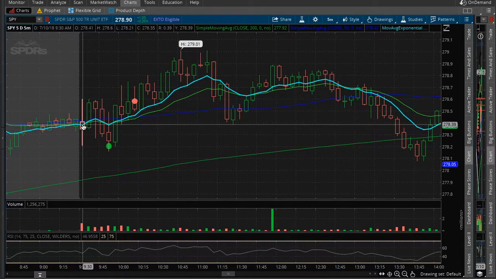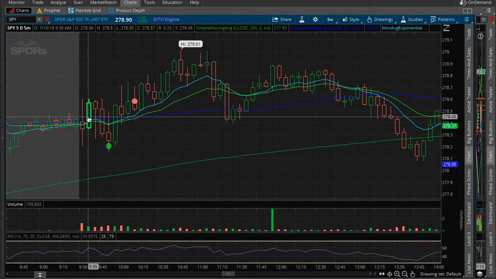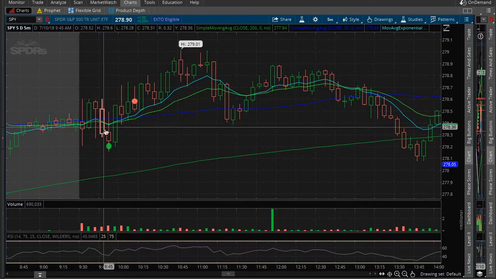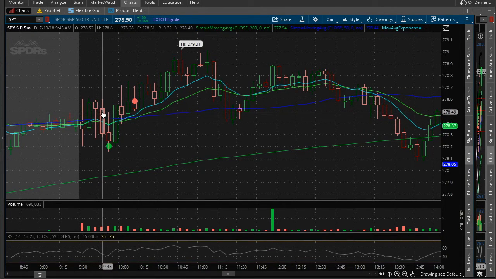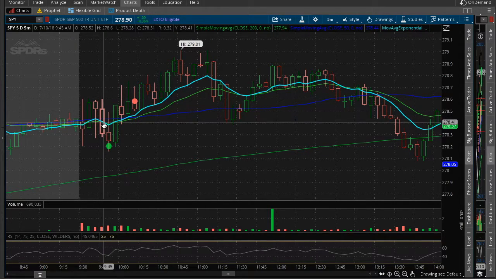This morning we started with an indecision candle on the 5-minute. It bobbled around and then came down hard with this pretty powerful red candle here, right through the 50 and both the 10 and 20 EMAs.